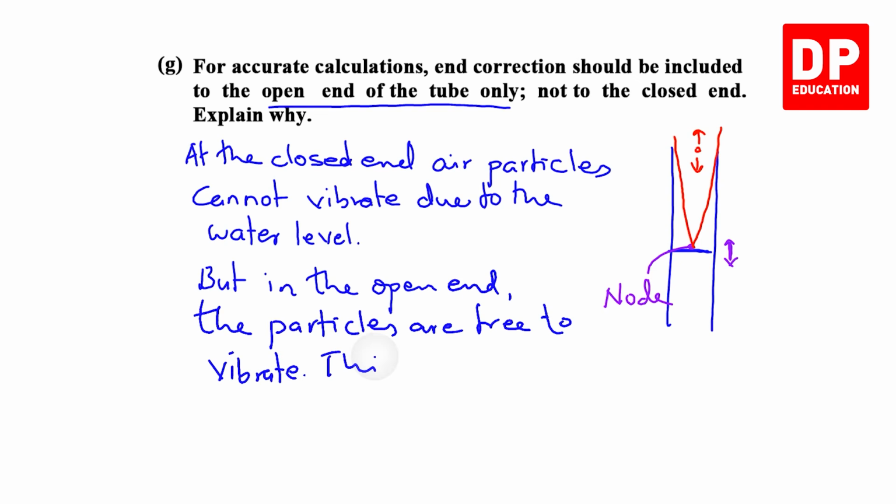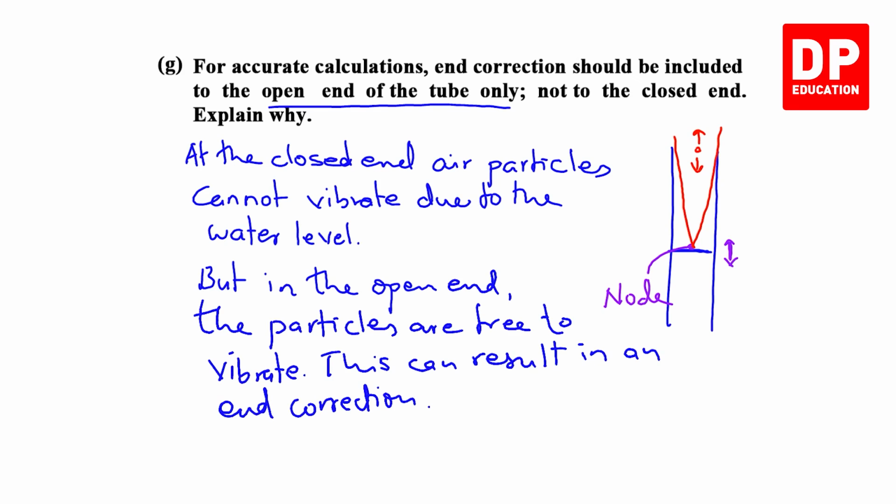This can result in an end correction, or we can say this can result in the antinode being a little away from the end of the tube. Clear?